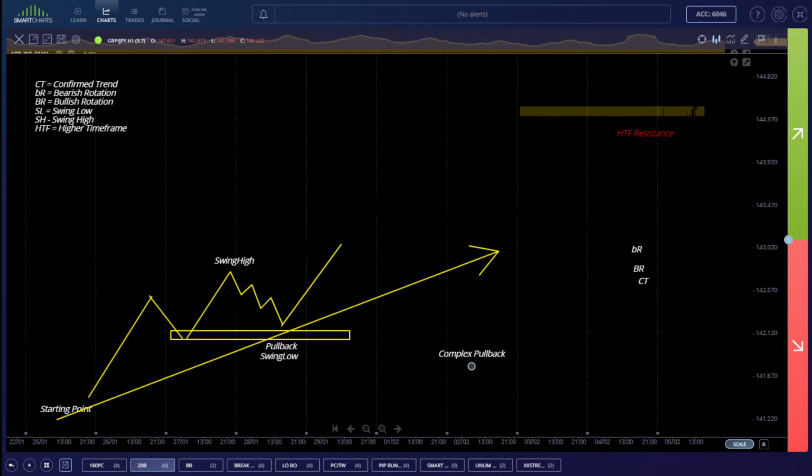If price does come back down here and close lower than your most recent swing low, then I'd be removing this, and this would be my new swing low.